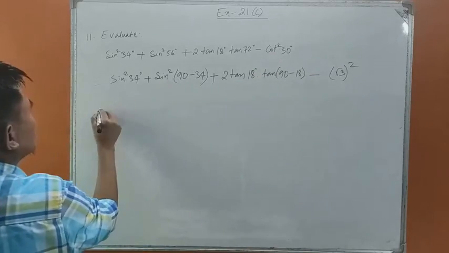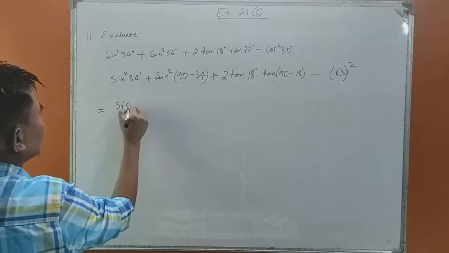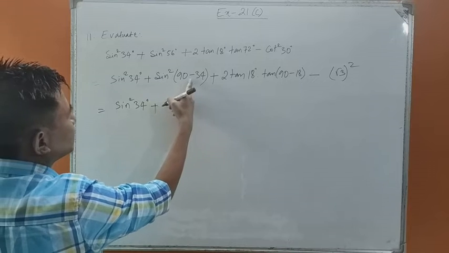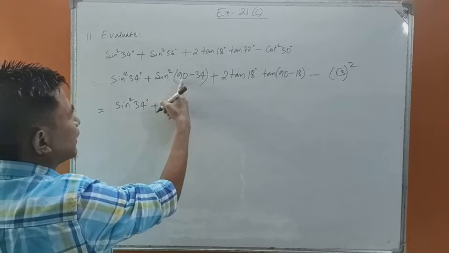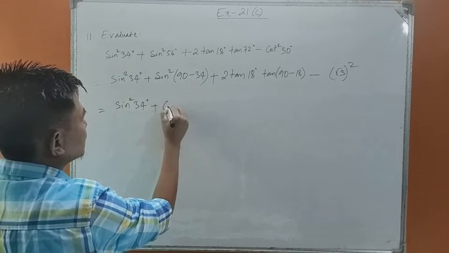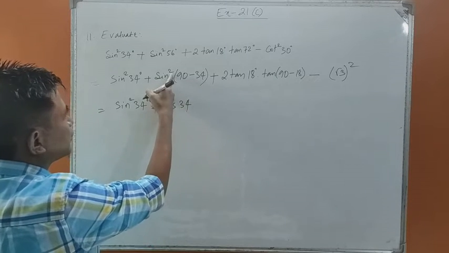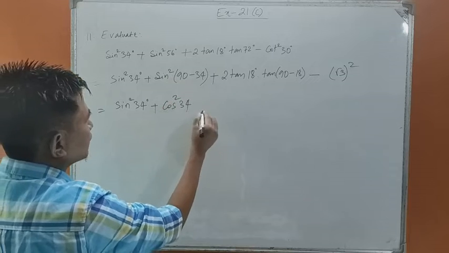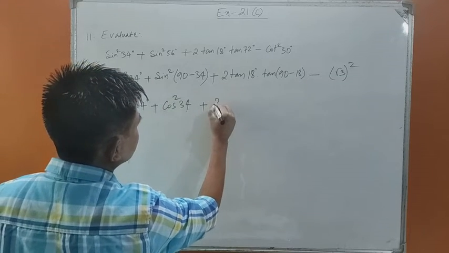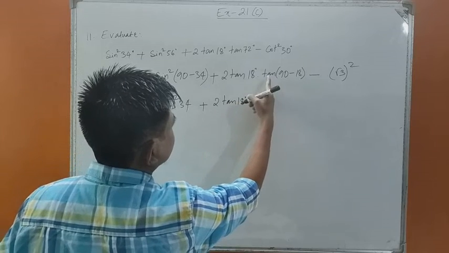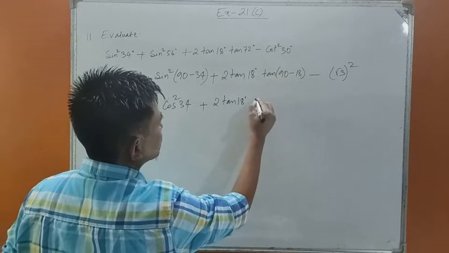So sin square 34 degree plus sin 90 minus theta. Sin 90 minus theta is cos theta, and theta is 34. Here we have a square, so we must put a square, plus 2 tan 18 degree into tan 90 minus theta, which is cot theta.